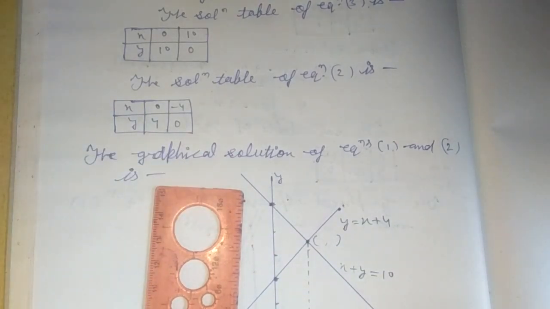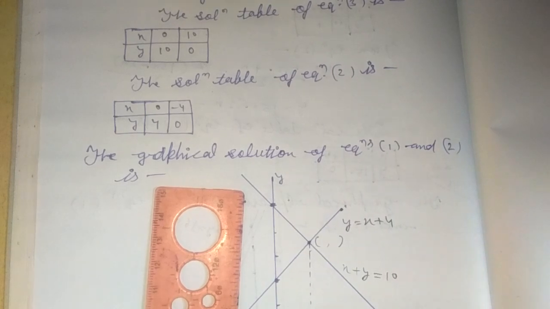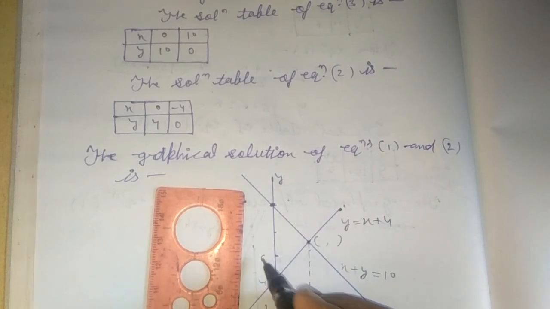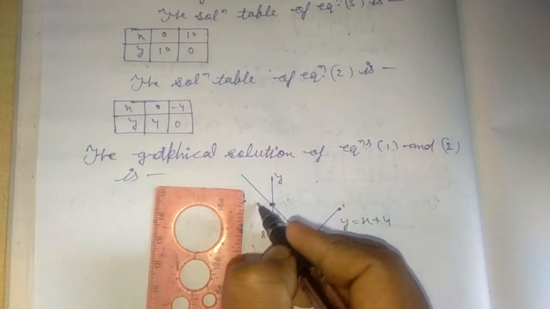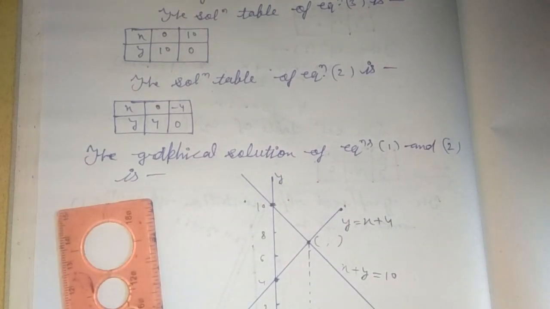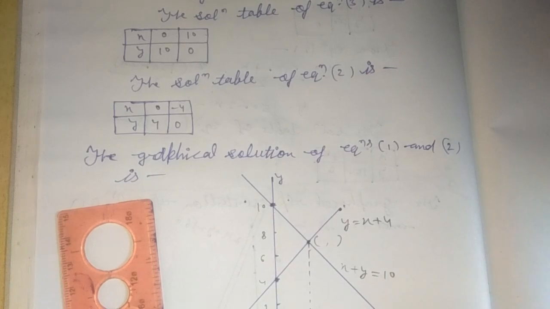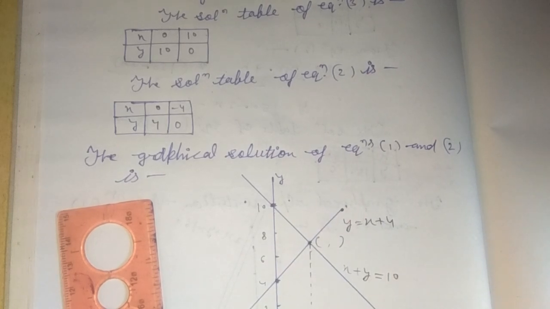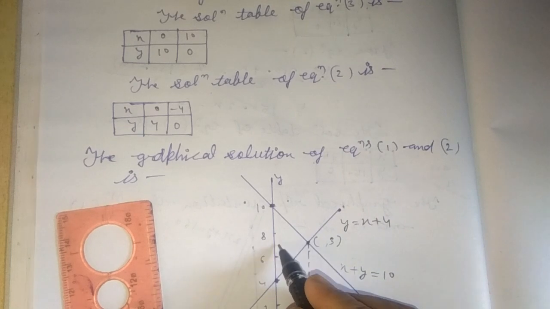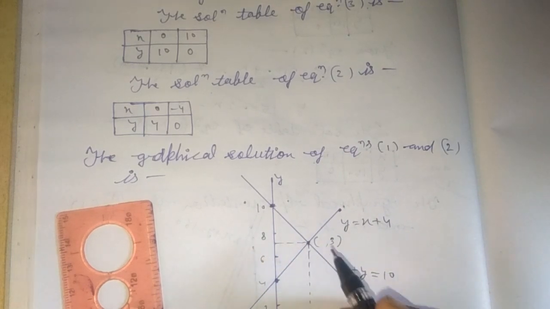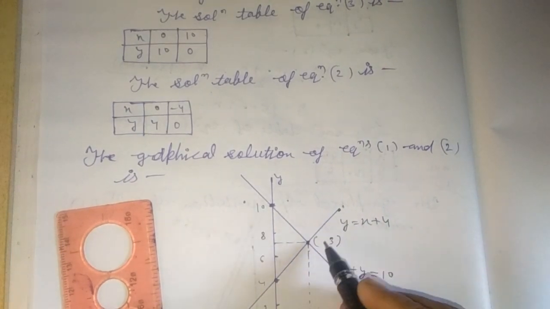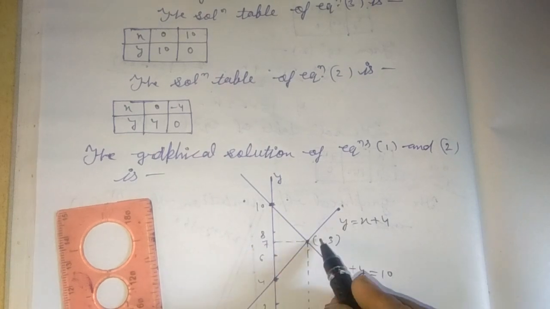Here you can see 2, 4, 6, 8, 10, minus 2, minus 4. Here you can observe that it is 3. And again, when we draw the perpendicular on the y-axis, we get 7.